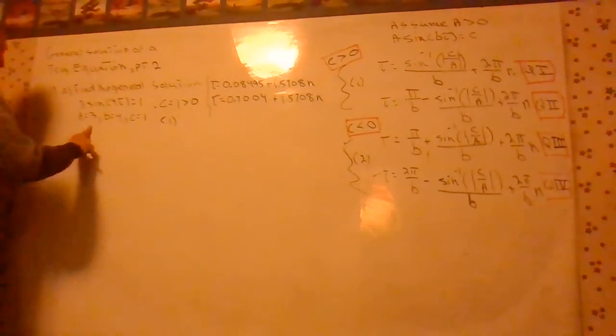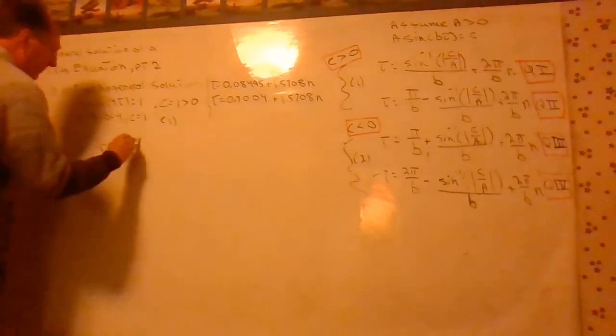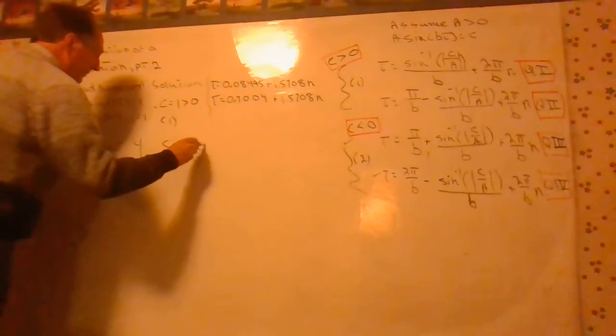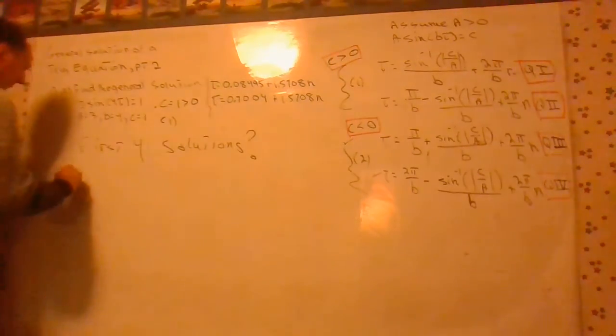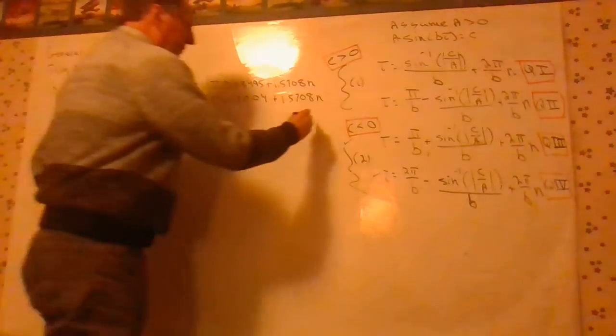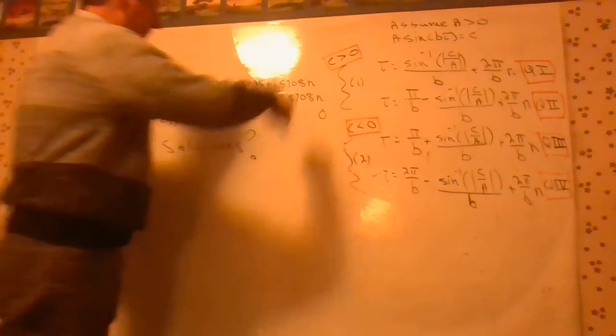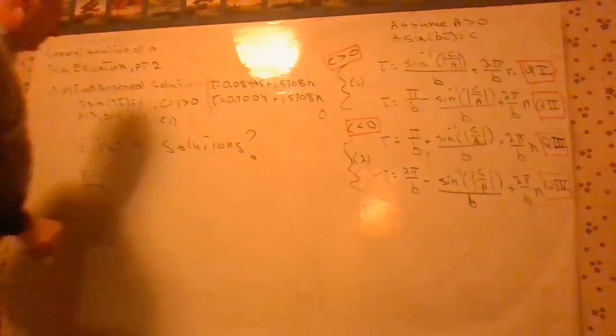So now, let's suppose we want the first 4 solutions. Well, we're going to let n equal 0. And we're going to plug 0 in right here. Of course, it zeroes these 2 terms out. You just have this number and this number.